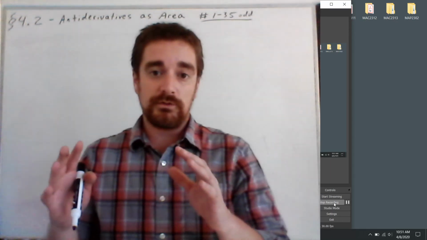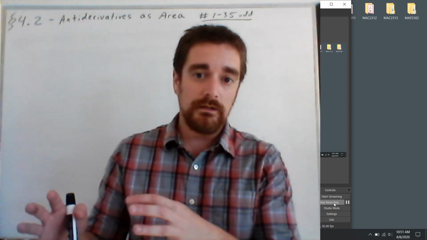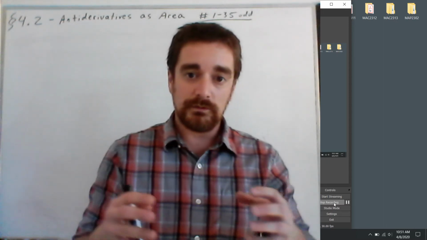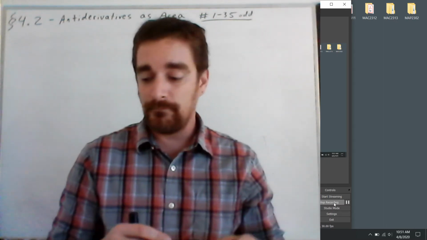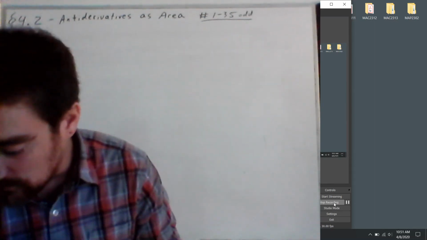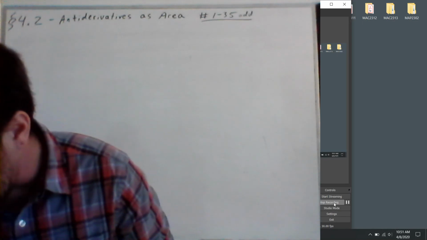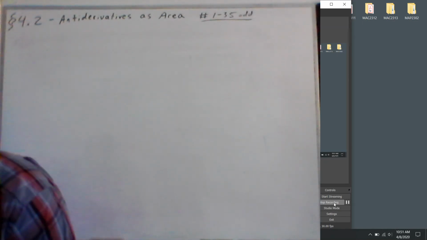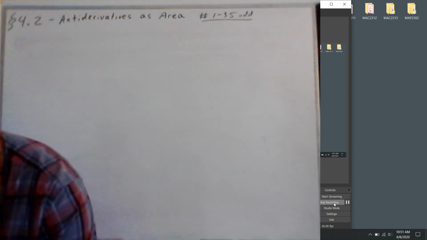So that is the main takeaway from 4.2. 4.2 deals with functions that we can handle geometrically, but introduces the concept of using the integral as area. And then when we get into 4.3, we will actually use the integral on some much heavier functions. I say heavier functions, don't worry, they won't be too bad.